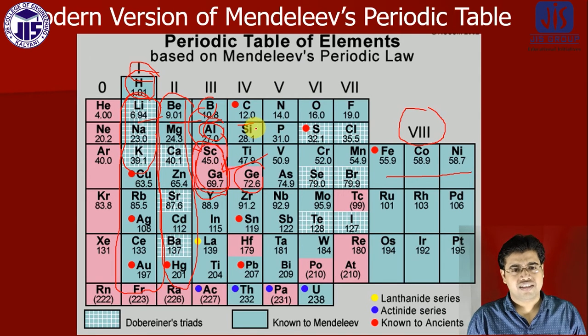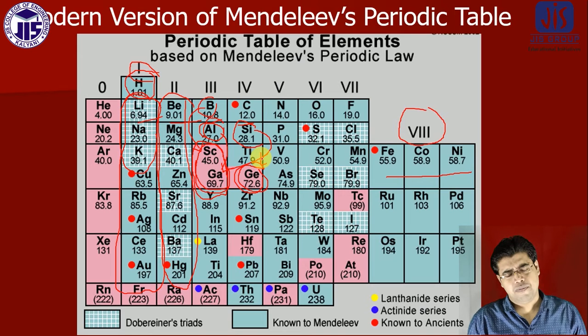Not only that, there is another one, silicon. That place was also vacant in Mendeleev's periodic table, and later it was discovered. Mendeleev gave the name of the element as Eka silicon, and when it was discovered, it was named germanium.